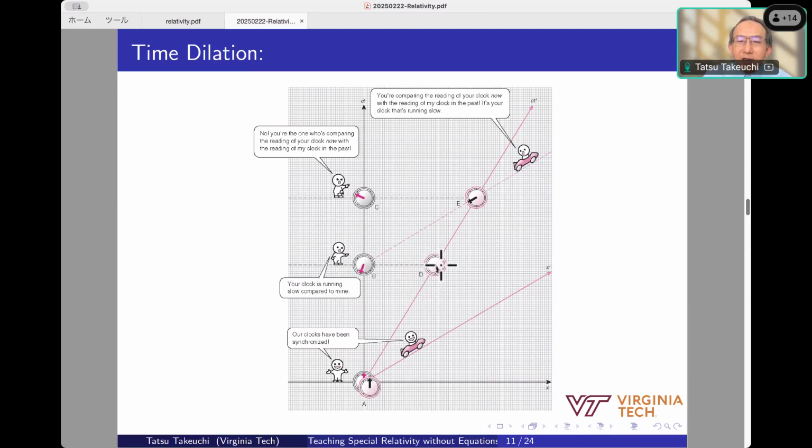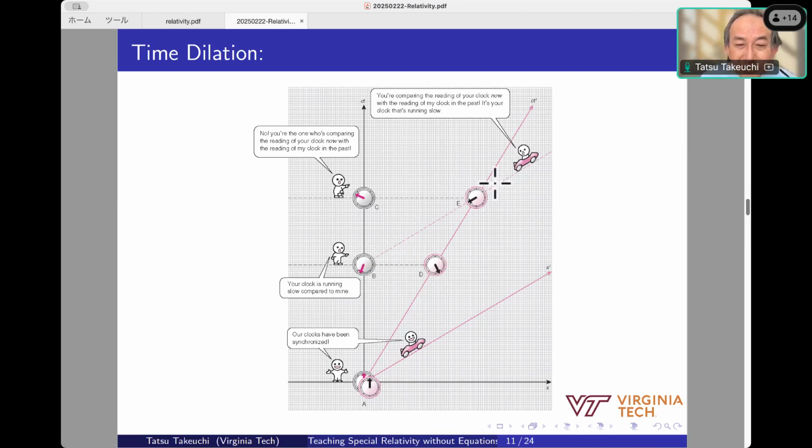However, in the moving frame, this clock and this clock are not at the same time. B and C are not at the same time. It's actually B and E that are at the same time.